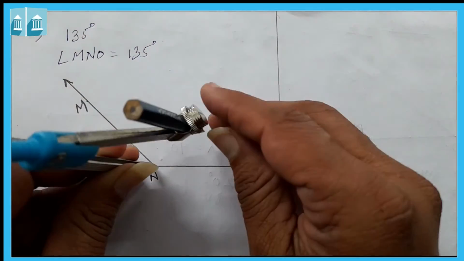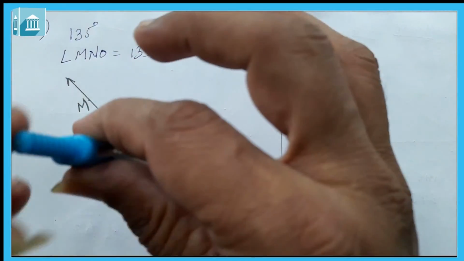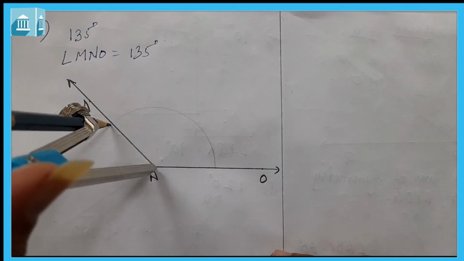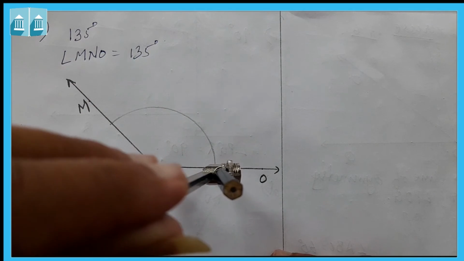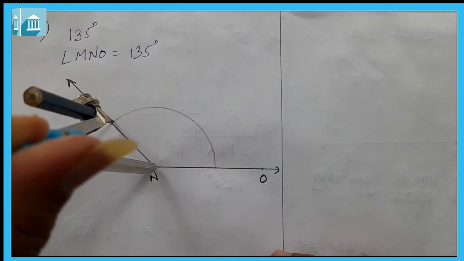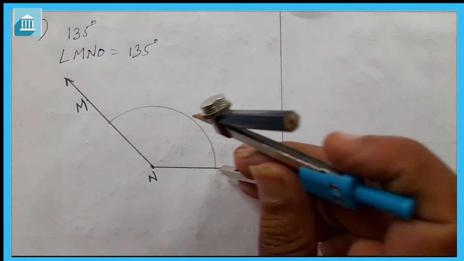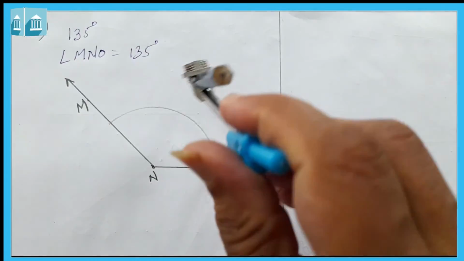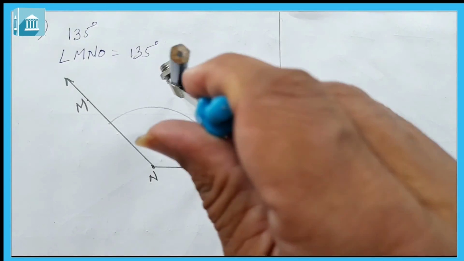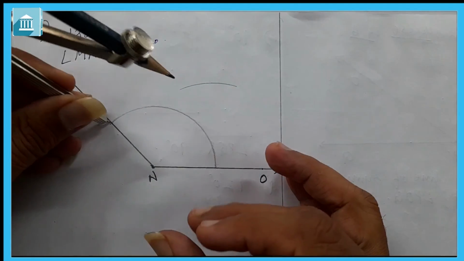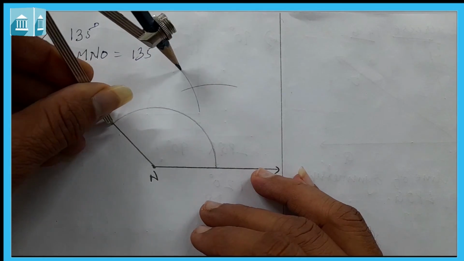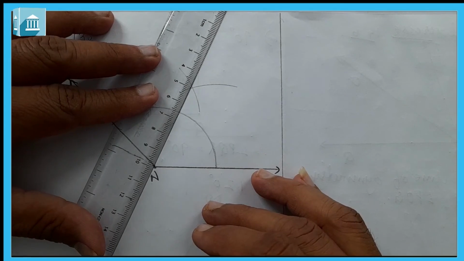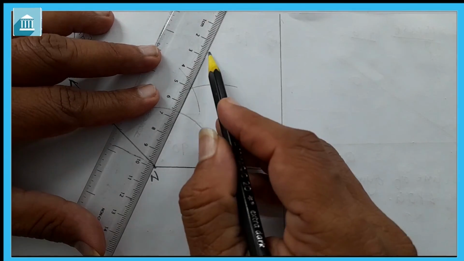Now with convenient radius we can draw one arc like this. Okay, now as we know that with more than half of this, we need to draw one arc like this, and from the other end we need to draw another arc like this, then join this.